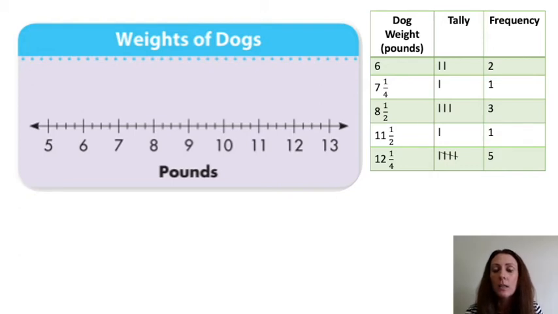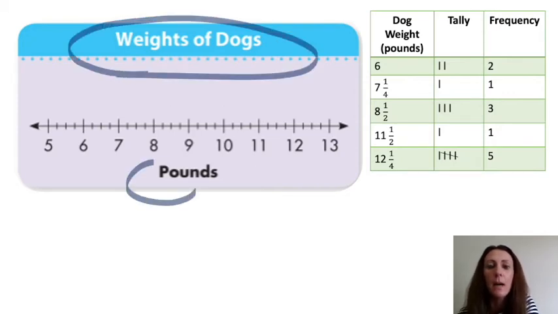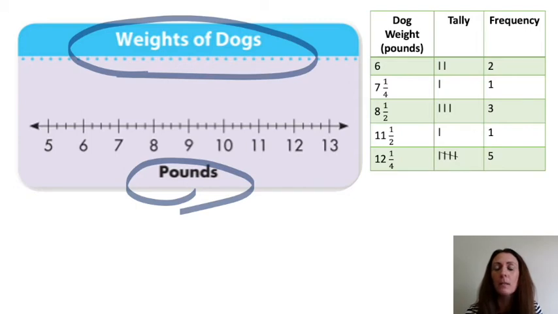All right, you're also going to notice that my line plot has 2 things which we learned about last week when we were analyzing line plots. It has a title, which is weights of dogs, and the number line is also labeled in pounds. This is important because when you go to make your line plot, you need to make sure that you have a title and your number line is labeled.